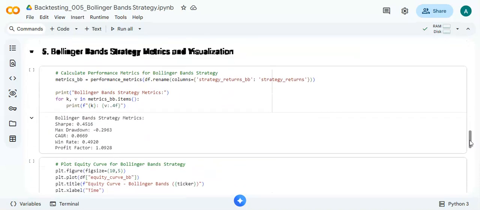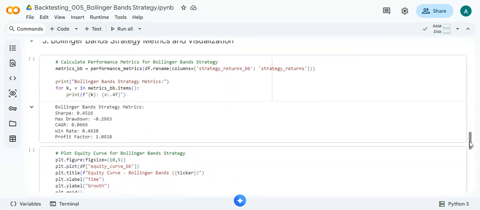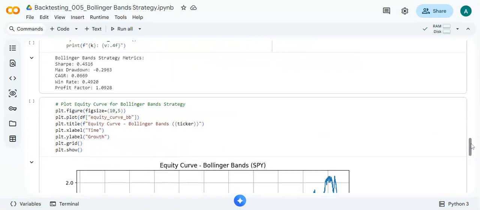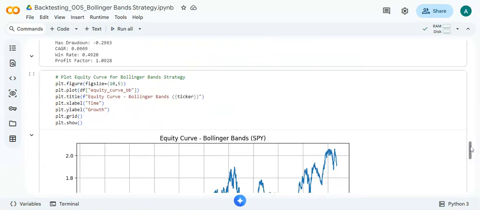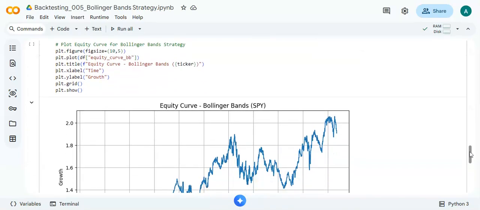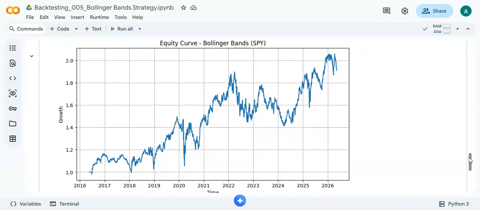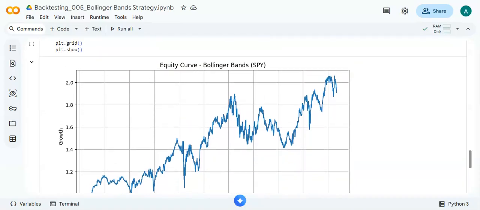And here we visualize, or actually we derive the metrics. Again, you can see already some results here, but it's for a different asset. I'm not running all, and here we plot the equity curve, and we can also look at how the strategy behaved for our SPY, the S&P 500 index, and for Apple stock.